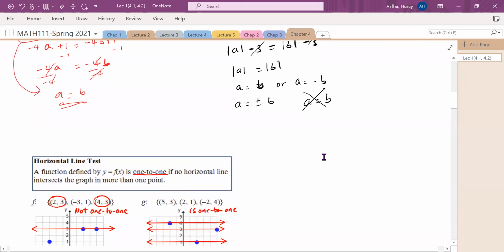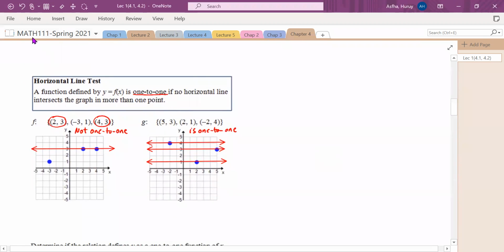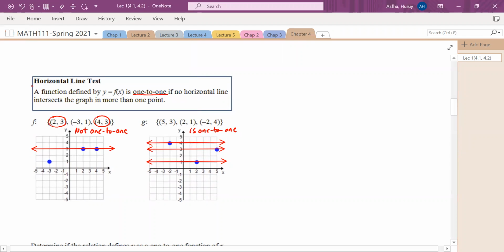Okay, and if we have the graph of the function, there is another way of checking whether the function is a one-to-one function, and this is called the horizontal line test. The horizontal line test tells us that when we have the graph of any function, if a horizontal line doesn't intersect the graph at more than one point, then the function is a one-to-one function.